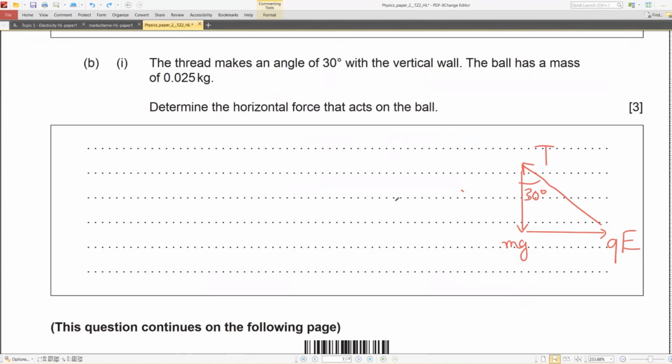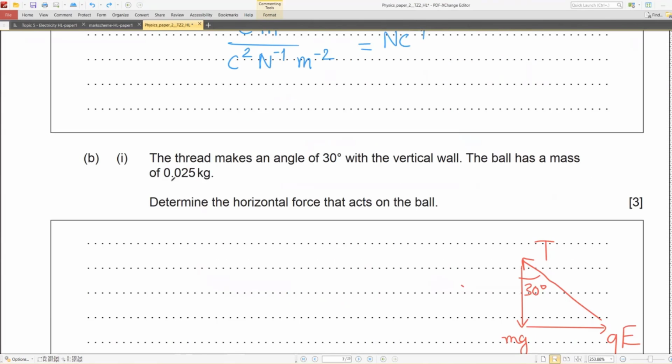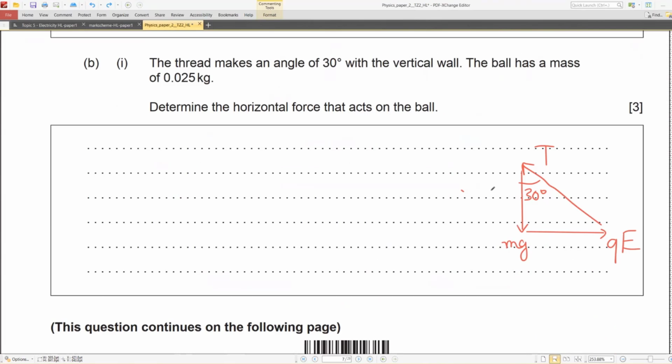From this diagram, we don't know the tension, therefore we must use the weight mg. We know the mass of the ball, 0.025 kilograms. So we have the adjacent mg and the opposite QE, which we need to find. Opposite over adjacent is tan. So tan 30 degrees equals QE, the horizontal force we need to find, over mg. Therefore this horizontal force QE is mg times tan 30 degrees.